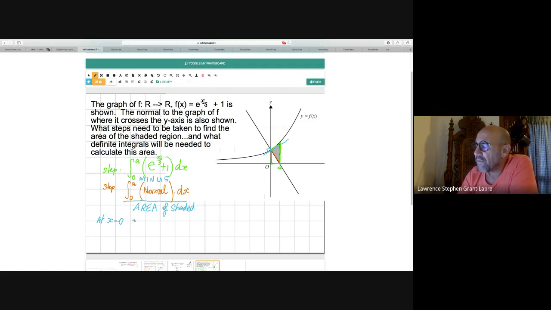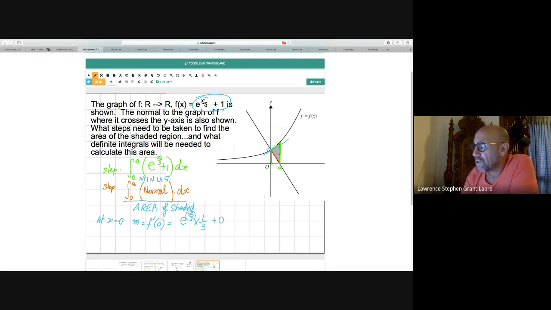The gradient of our function is the derivative at 0, and the derivative of this function is e to the power of x over 3 times the derivative of that bracket, which is a third, and the derivative of 1 is 0.